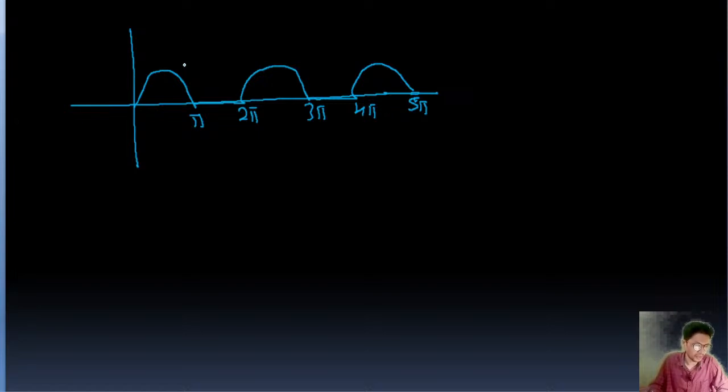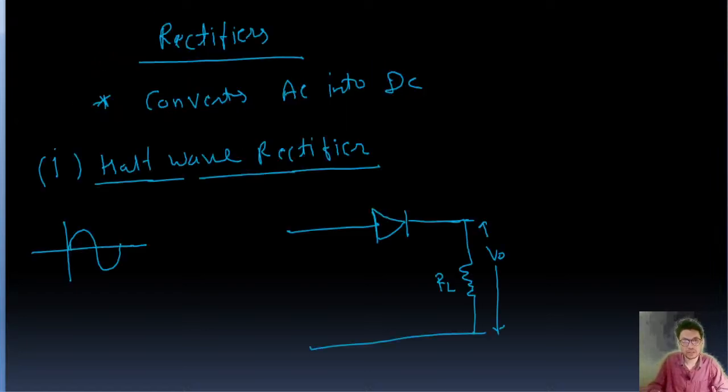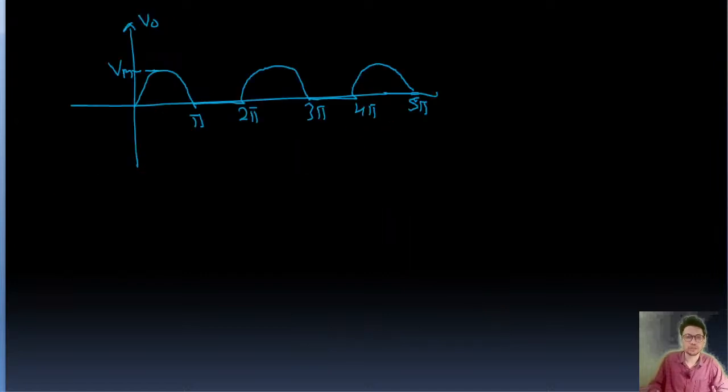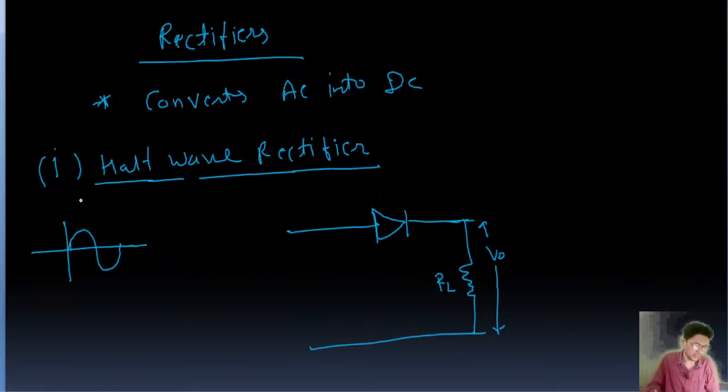This is the graph of V naught, the output voltage, and this is Vm, the input voltage. So we have converted this AC into DC. This is the work of a rectifier.